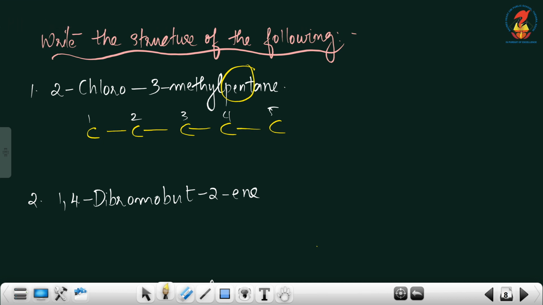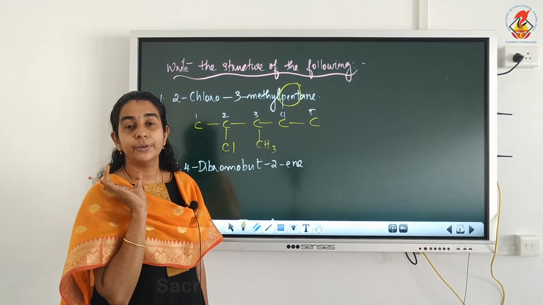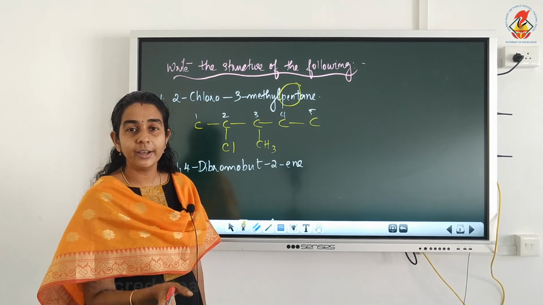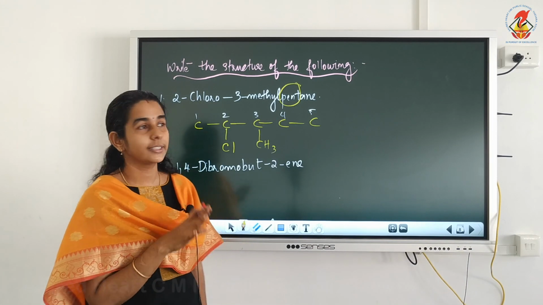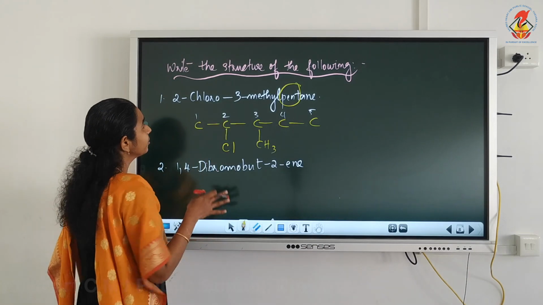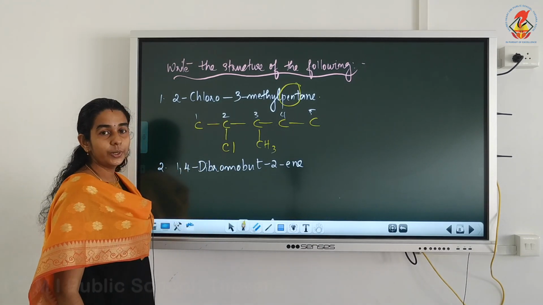Now write the prefixes. 2-chloro means on the second carbon there is a chlorine. 3-methyl means on the third carbon there is a methyl group. If you want to write the prefixes and suffixes, first we should know the functional groups, their formulas, and the alkyl groups, their formulas. Now nothing else to write, prefixes over, suffixes over.